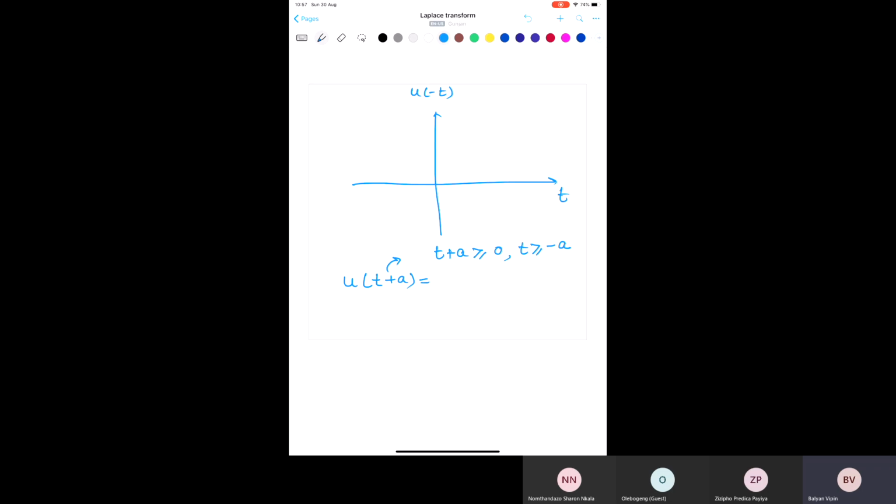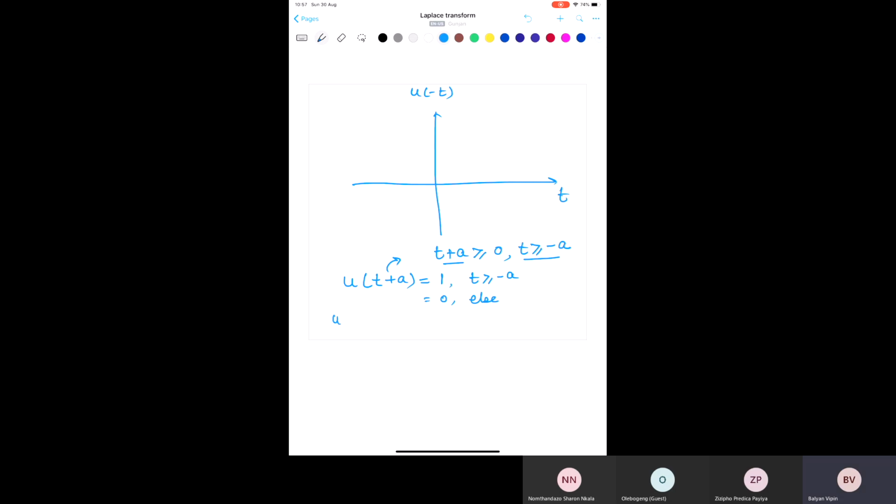So for that range, the unit step function has amplitude 1, and 0 else. In this way you find the range of a unit step signal.